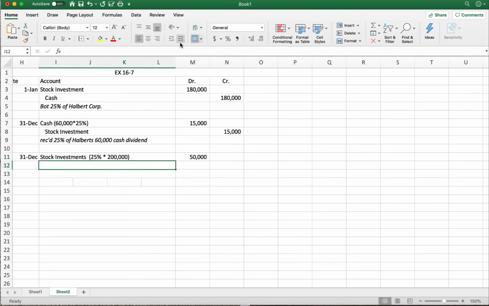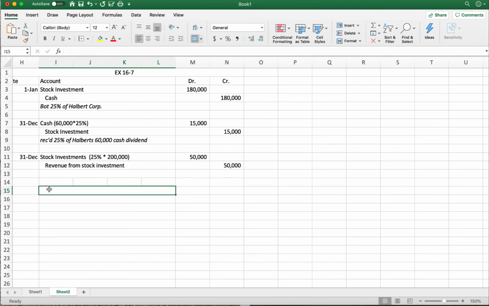What do I credit here? I need to credit revenue from stock investment, $50,000. Now, the next thing I need to do is calculate the investment in Halliburton.